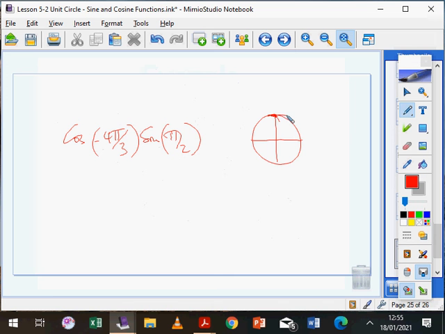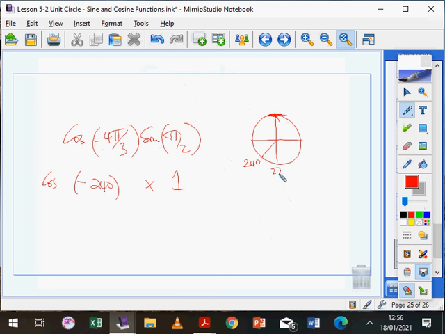Step 1, figure out the reference angle. 240 is expected to be in here. If this is 240 and this is 270 and this is 180, the reference angle is 60 degrees. Oh sorry, that is not 240, because it's negative.